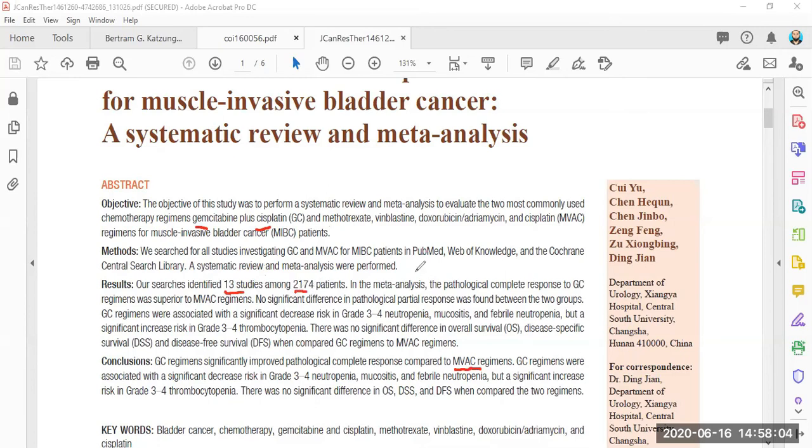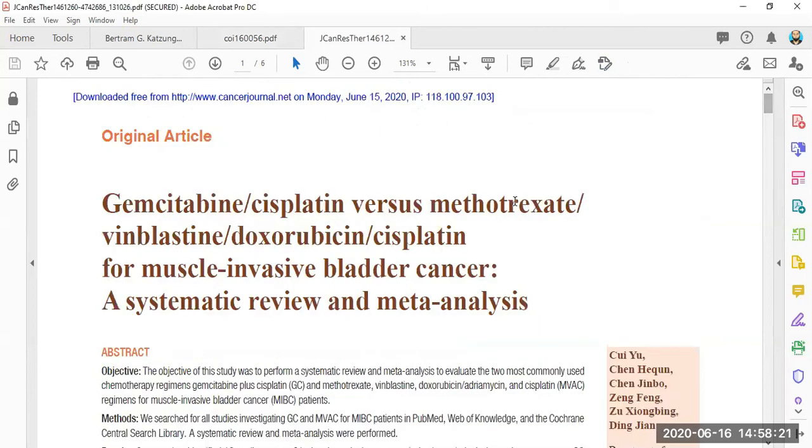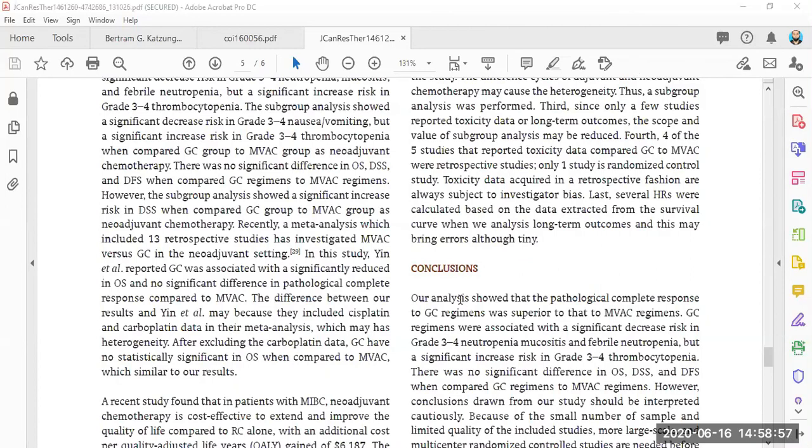and this was confirmed after the analysis of 13 studies among 2,174 patients. After the meta-analysis, they decided that for muscle invasive bladder cancer, methotrexate is not as effective, even if used in combination with other anti-cancer drugs, as compared to gemcitabine with cisplatin. What is the reason behind gemcitabine with cisplatin being better?